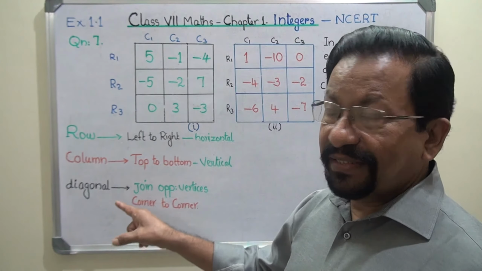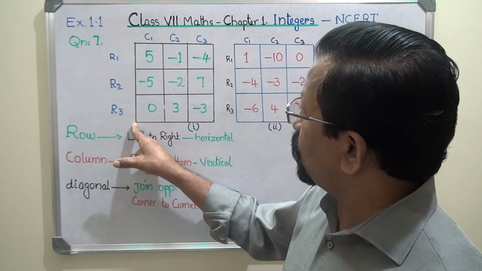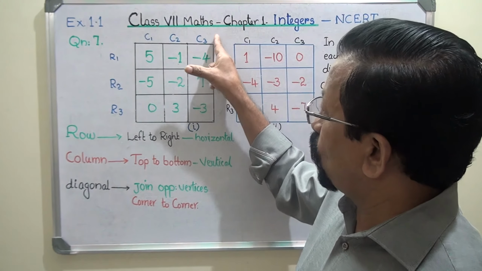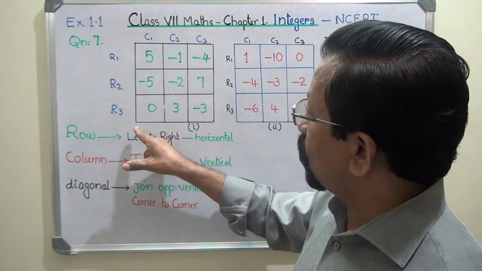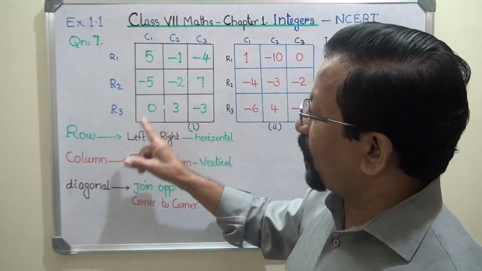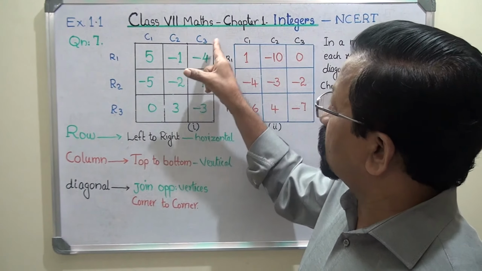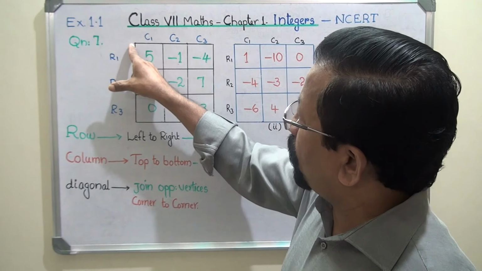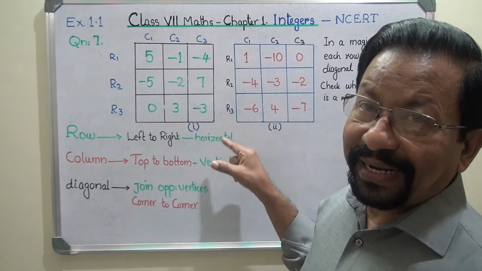Diagonal means joining one vertex to the opposite vertex, that means corner to corner. In a square or a rectangle, there are two diagonals: from this corner to this corner, and from this top corner to the bottom corner. Those are the diagonals.